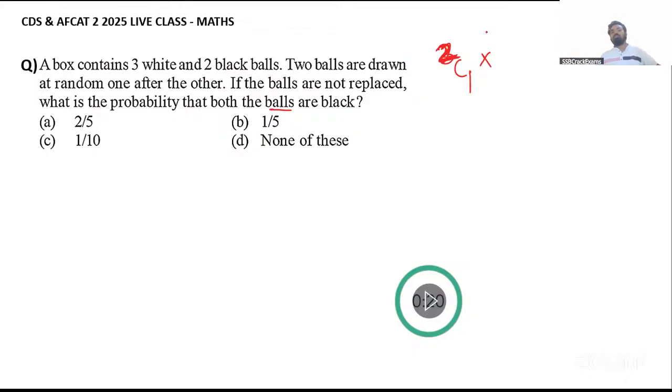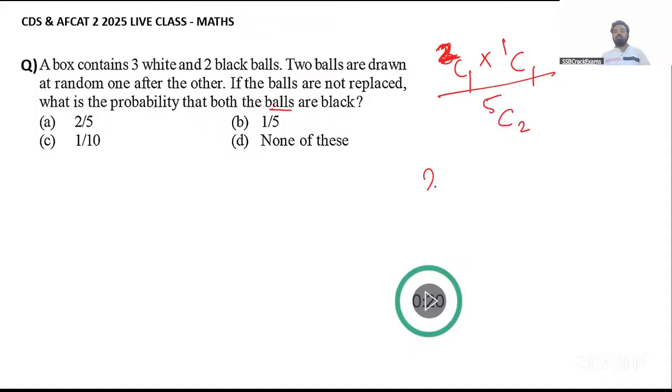So how many black balls are remaining in the box? It is one. And how many need to select out of that? One, because it is asking for both the black balls. And how many total balls were there? Five. And we are bringing out two from that. Okay. So how much it will be?